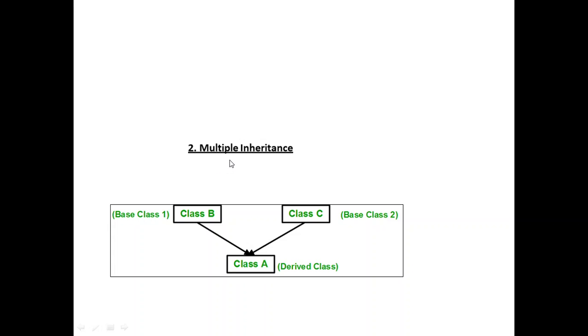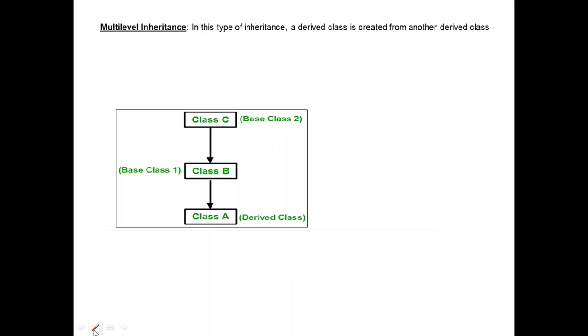Multi-level means different levels are there, level 1, level 2. That is, there is a base class and one derived class, and this derived class acts as the base class for another derived class. So a derived class is created from another derived class.